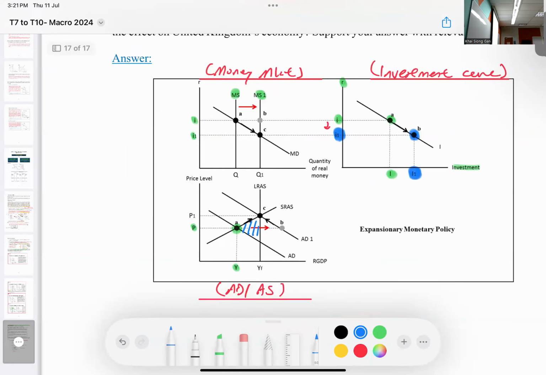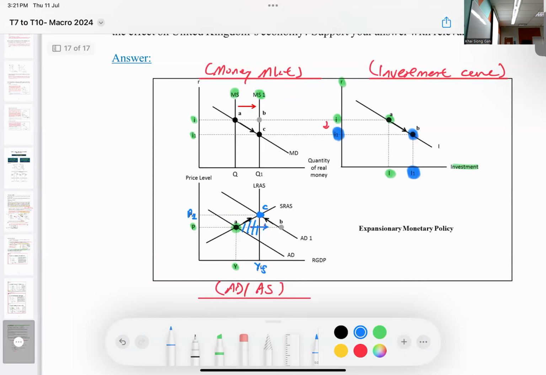So AD increases because of this increased aggregate demand. It shifts AD to the right, creating shortage, and then pushes up the price level to point C. So at a higher price level, at full employment, we assume that this is the same with this money supply curve. So with the help of money supply, we manage to boost aggregate demand to full employment.